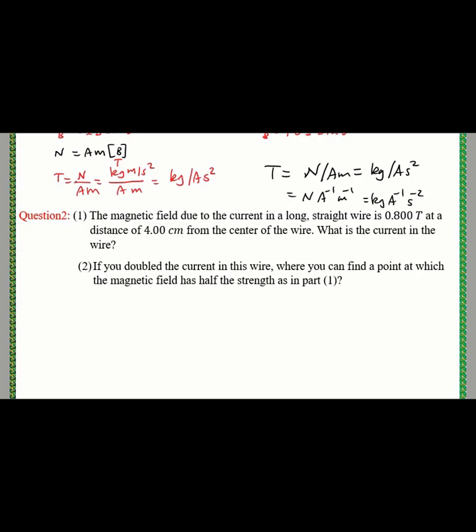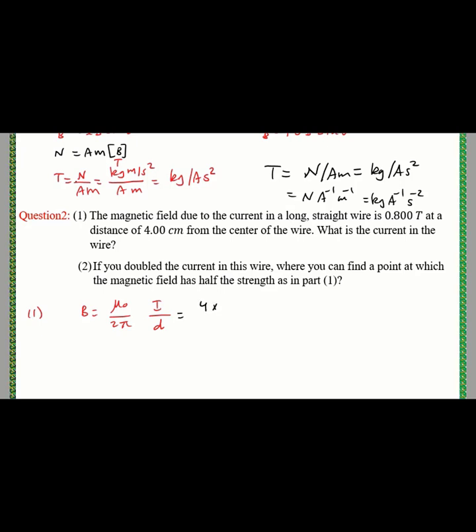Now we suppose that the point is outside the current, so it's easy to find the magnetic field there. B equals mu naught over 2 pi times I over d, since it is a very long wire.